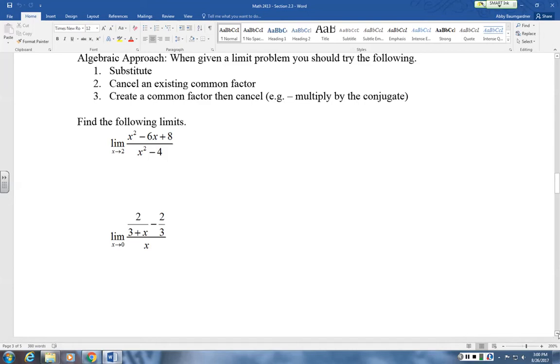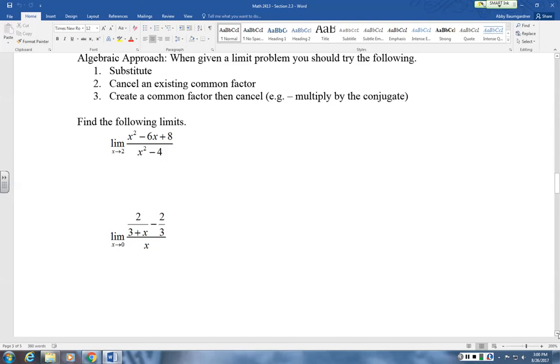See what happens, because sometimes you can just plug the number in and you get a direct substitution and you're good to go. If that doesn't work, so if you end up with an indeterminate form such as 0 divided by 0, that's gross, we can't have that. Or eventually we'll end up with some that are like infinity divided by infinity, we can't have that either.